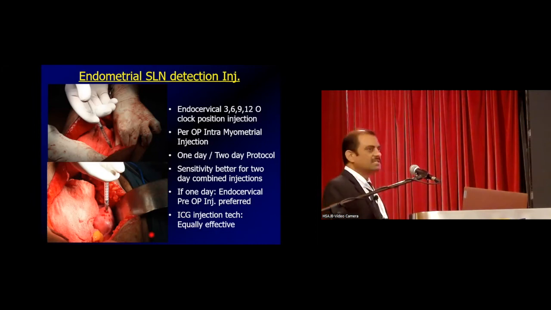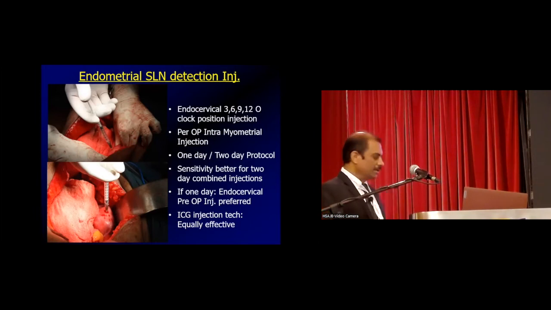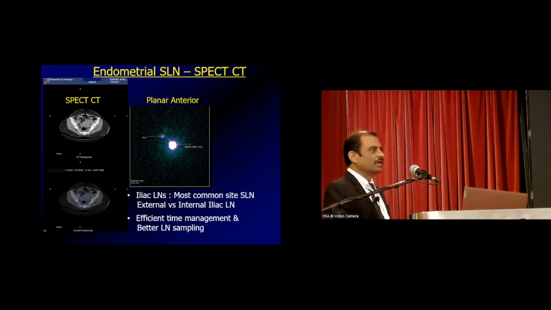So there is equal sensitivity between ICG injection and sentinel scintigraphy as far as myometrial and endometrial injections are concerned for the endometrial cancers. Now in the next 5 minutes we shall be seeing some of the images of the sentinel lymph node detection in cervix, vulva and the endometrium.